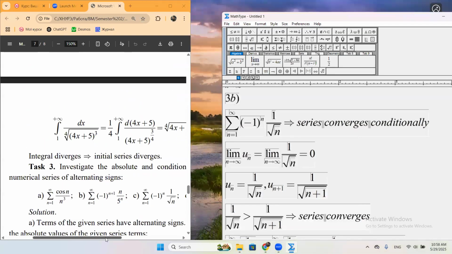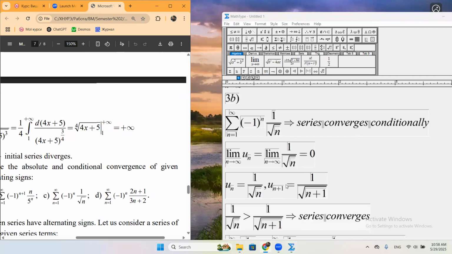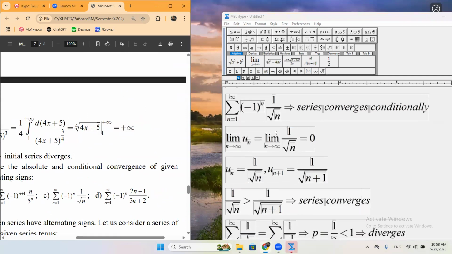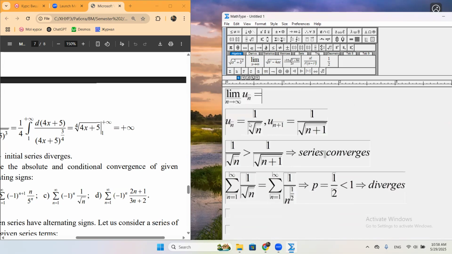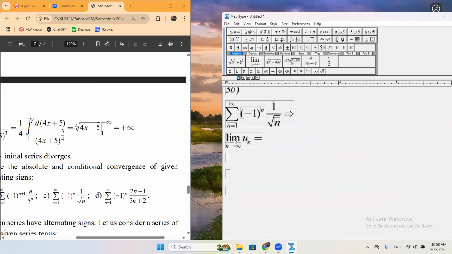Okay, if no questions, let's solve the last exercise. So minus 1 in power of n times 2n plus 1 over 3n plus 2.